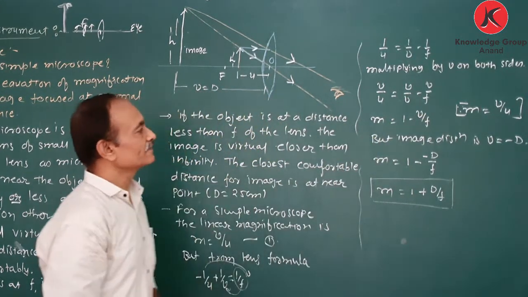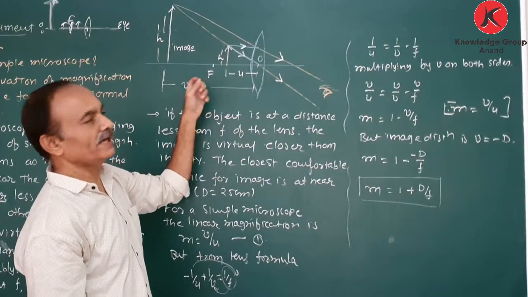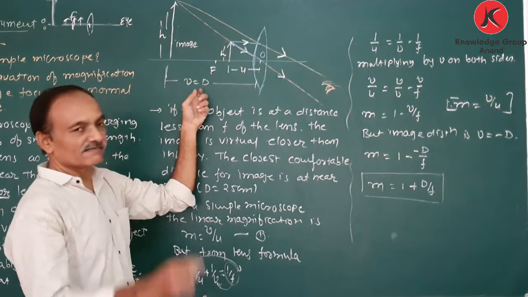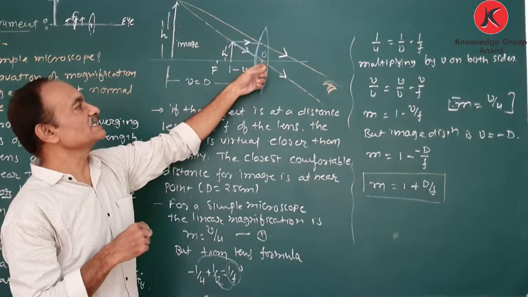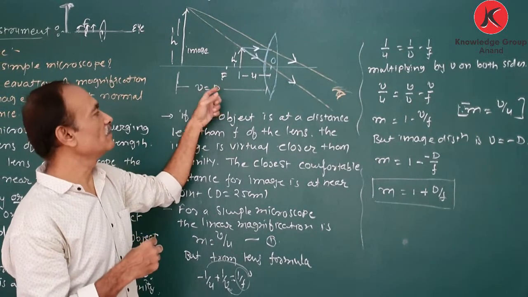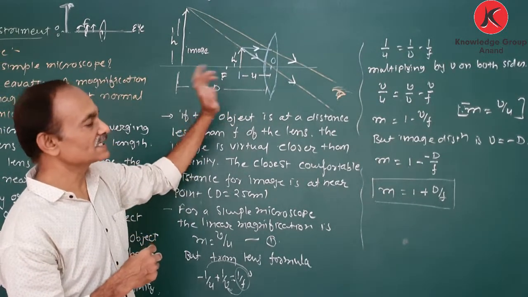Now, in the figure, our image is formed at distance V. According to the sign convention, V is measured opposite to the direction of incident light, so V is equal to D but negative.